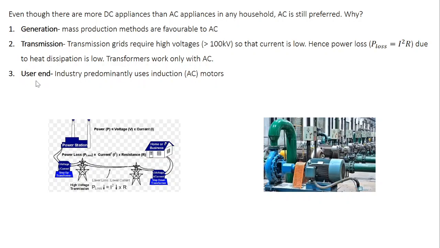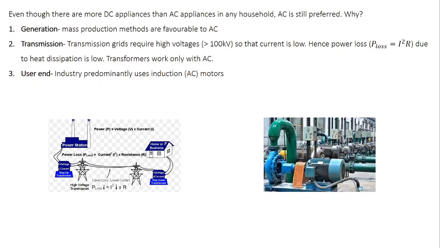Even though in our household applications, DC instruments are more compared to AC, if you take the total user end, majority of the electricity produced is used in the industry. And in industry, for any mechanical work, we use a motor. And there are two types of motor, AC motor and DC motor.